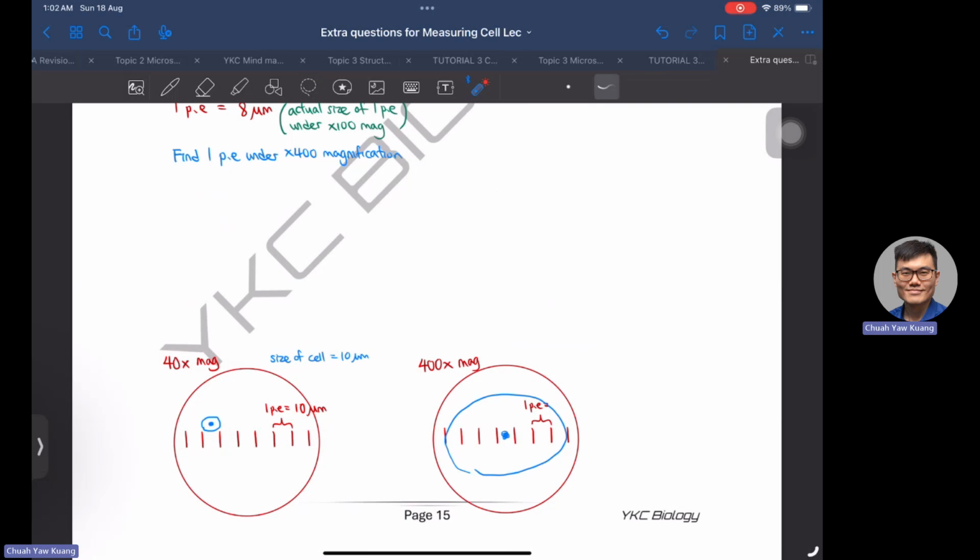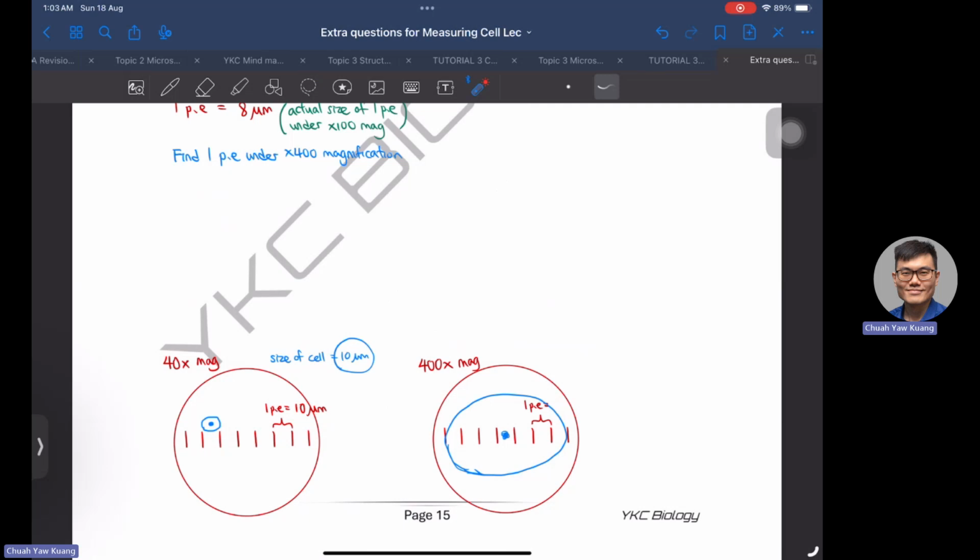Does that mean that the cell is increasing in size? Actually, no, it's just the image. The size of the cell is still 10 micron. It's just that because of the higher magnification, the image size of the cell is also enlarged. But this whole cell is still 10 micron.